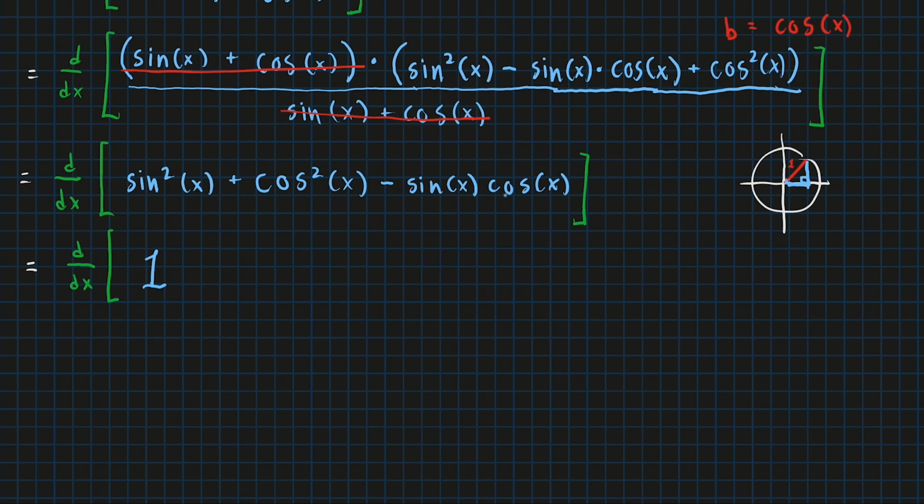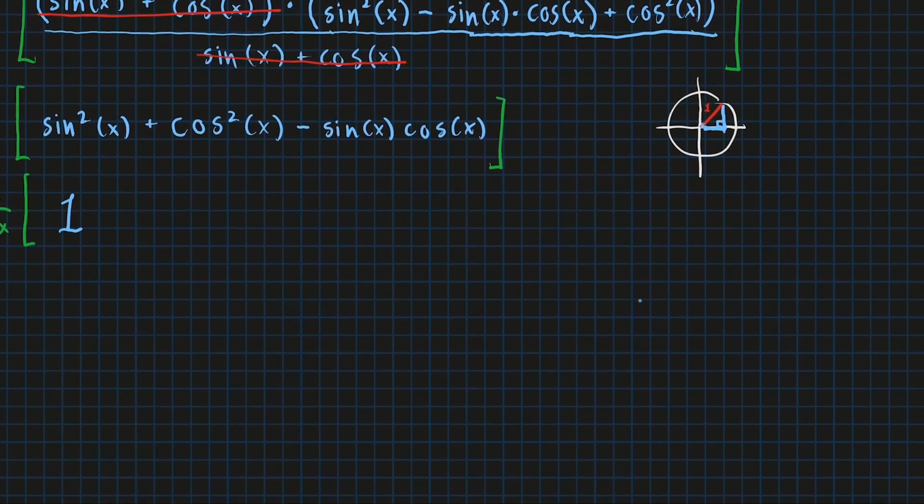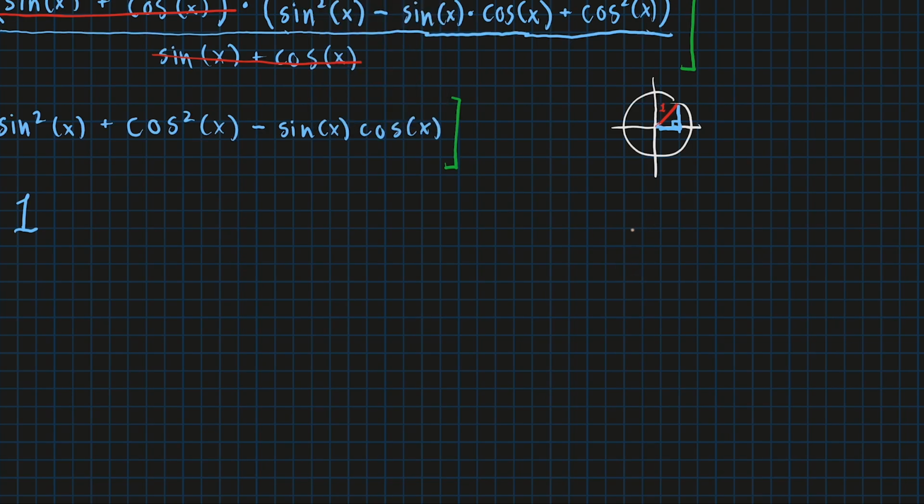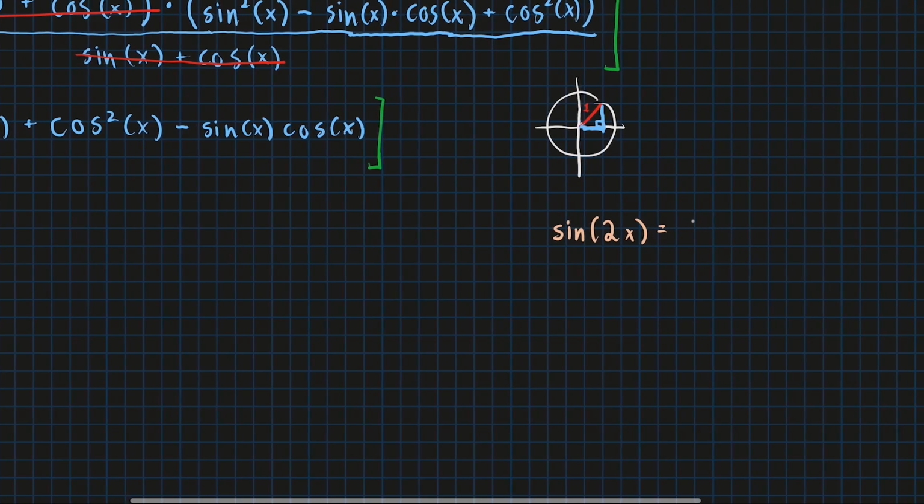And what about sine of x times cosine of x? Well, I remember one identity. Let me do an aside here. I remember the identity that sine of 2x is equal to 2 times sine x cosine of x.